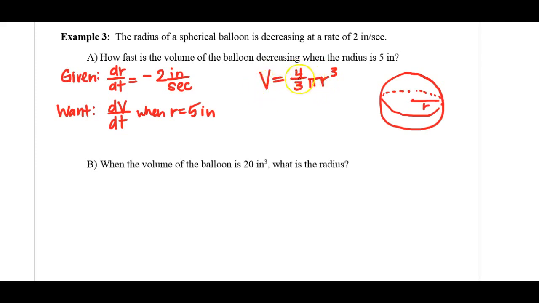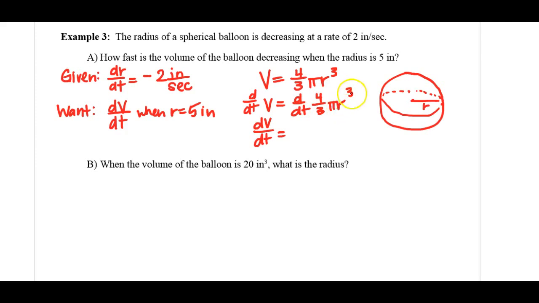Now we take the derivative with respect to t of both sides. So d/dt of V and d/dt of 4/3 pi r cubed. So d/dt of V would be 1 dV/dt, so just dV/dt. And now the derivative with respect to time of 4/3 pi r cubed.